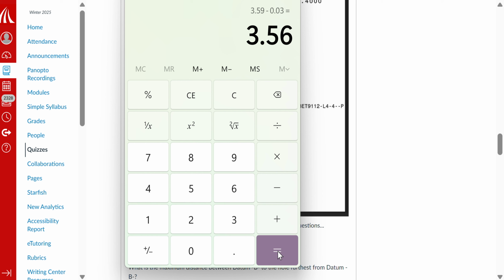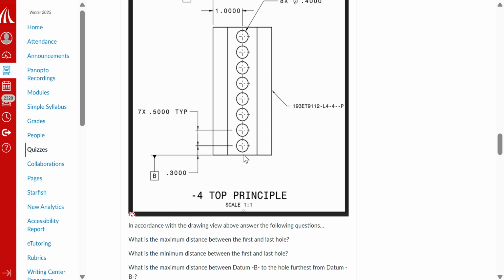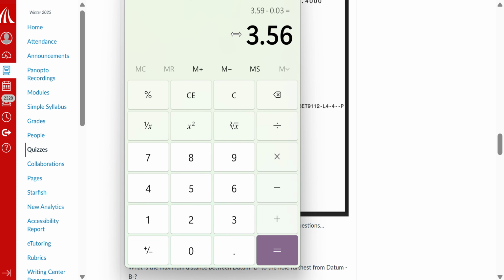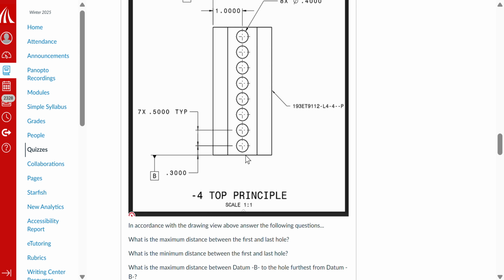Okay, so that's the minimum distance the last hole will be, this hole to this hole, if everything were at the minimum conditions. So that being the opposite side, if it were 3.56 from this edge to this hole, what would the distance be from this hole to this edge?